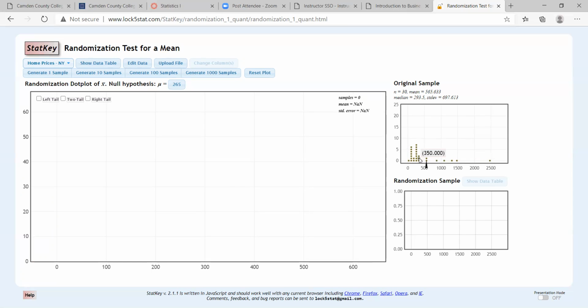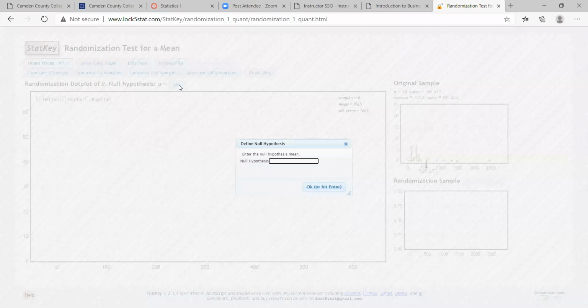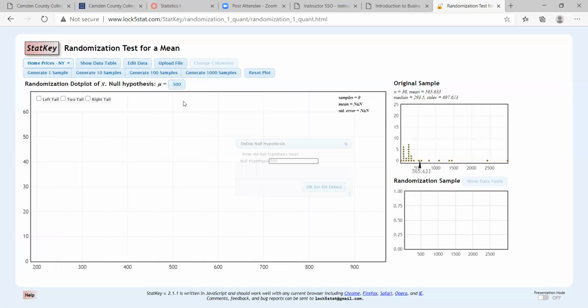Suppose we want to change the proposed mean here for the null hypothesis. We're making it 265,000, but I'm going to make it 500,000 for the fun of it.